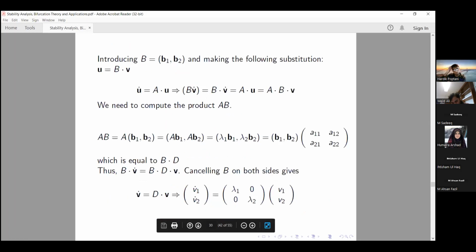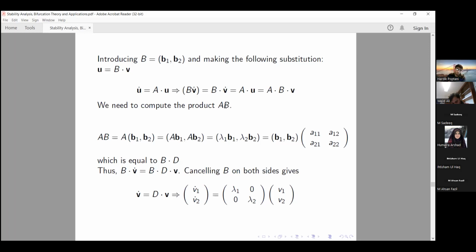Introducing B, which consists of the eigenvectors, we make the following substitution: u equals B times v, where v is another vector. Then u dot equals A times u, and substituting gives A times B times v. So what is this product AB?